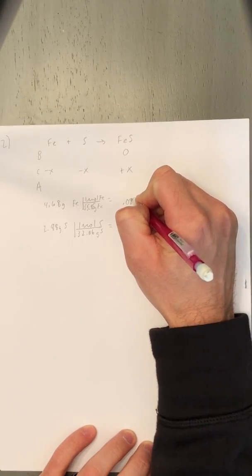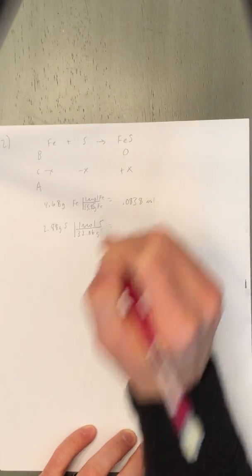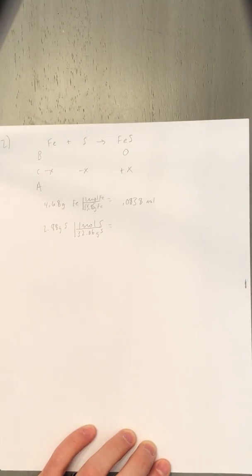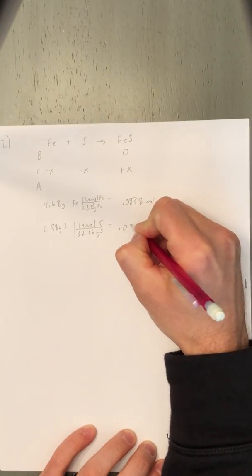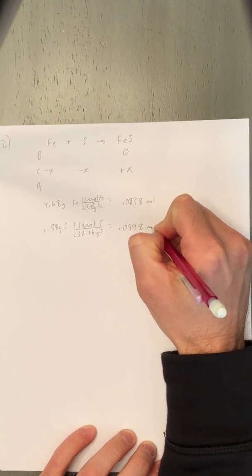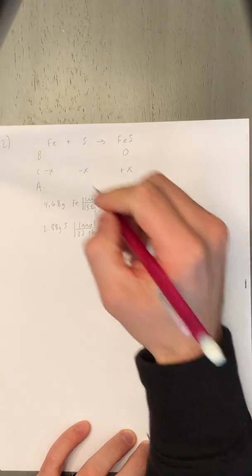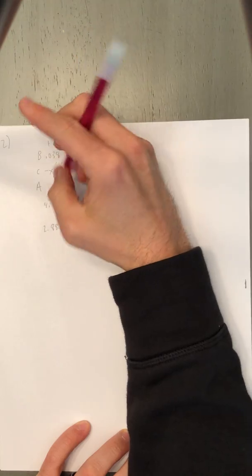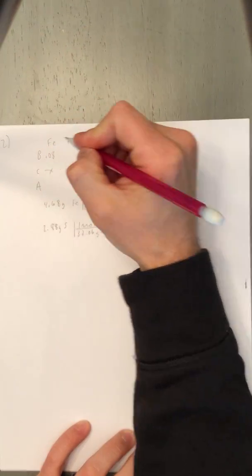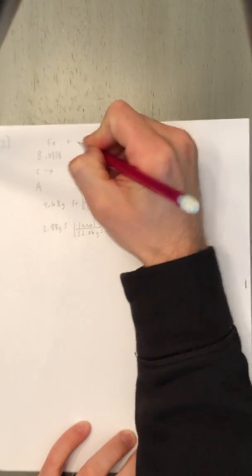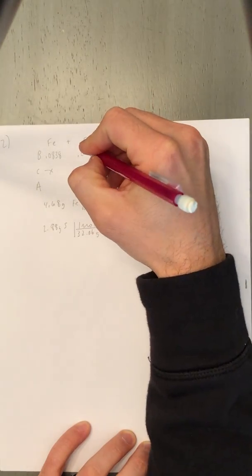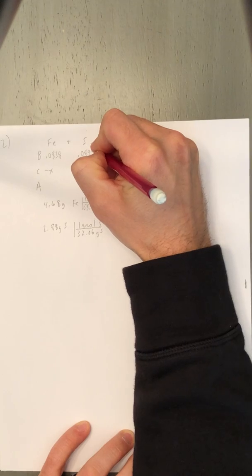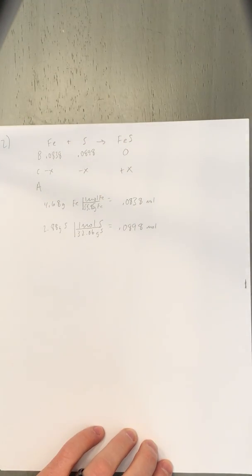So 0.0838 moles of iron, and I got 0.0898 moles of sulfur. And so we can plug those numbers in to our table now.